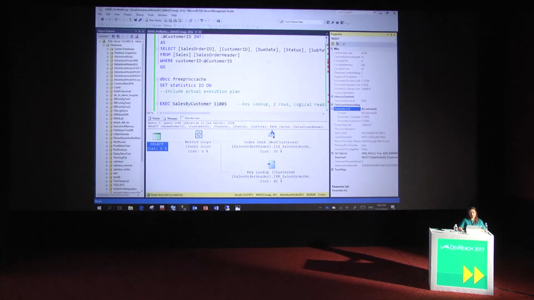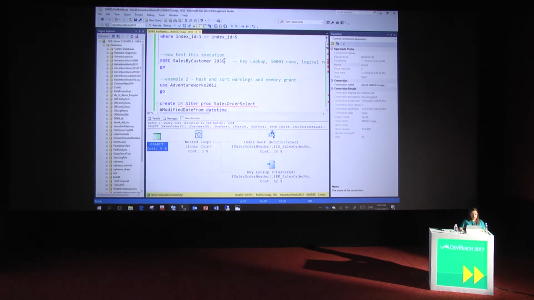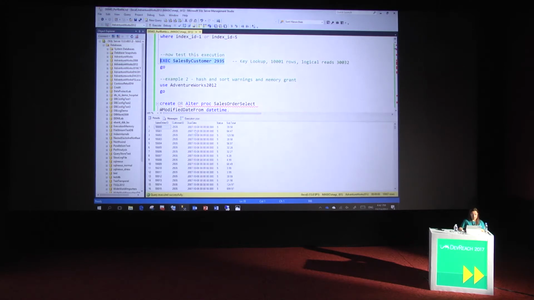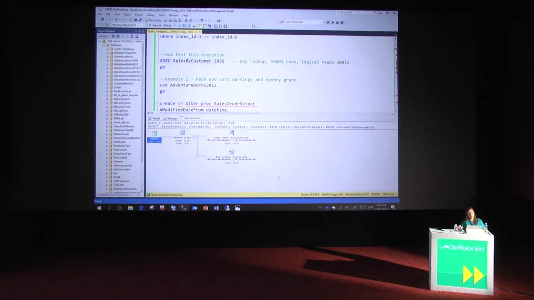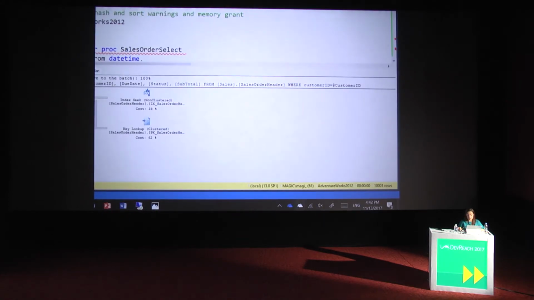If I run the same stored procedure with a different parameter, then by design I will reuse the same execution plan. But now I'm returning 10,000 records.